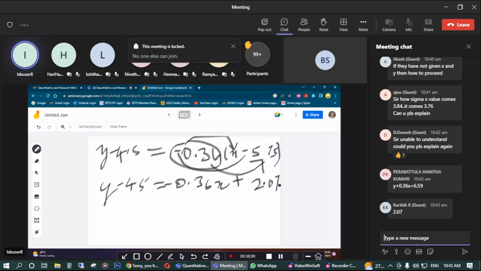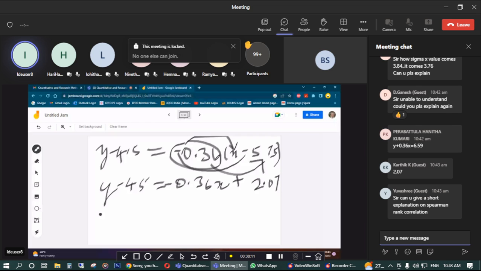So now simplify it again. So y, this minus 0.36x, if it comes this side, it will become plus 0.36x. Plus 2.07 plus 4.5. This minus 4.5, if it comes this side, it will become plus 4.5.